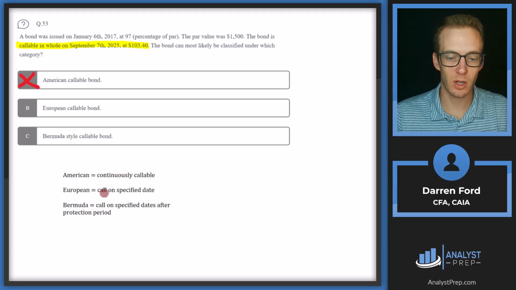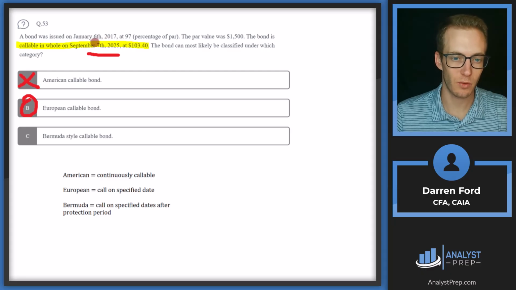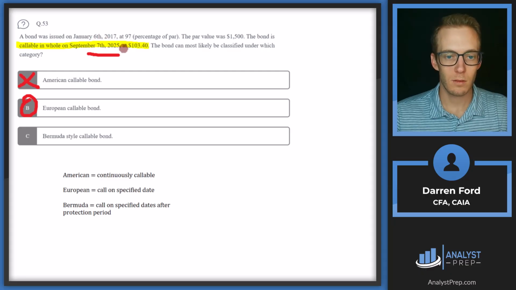European callable is called on a specified date. That would align with what we have here. We have this one specific date that we can call it at. So I'm leaning towards European right now. And then for Bermuda, this can be called on multiple dates after some protection period. In this case, it's a little over 8 years, or 8.5 years.